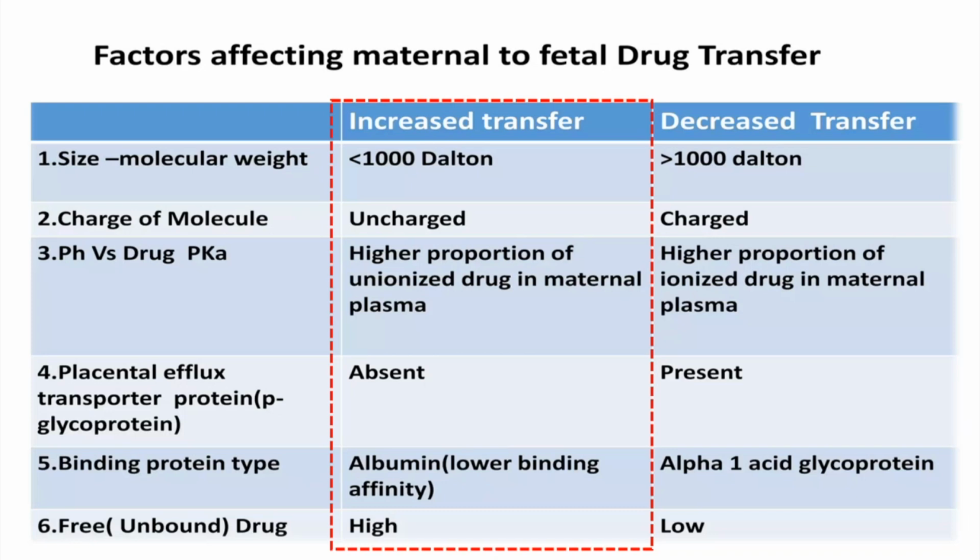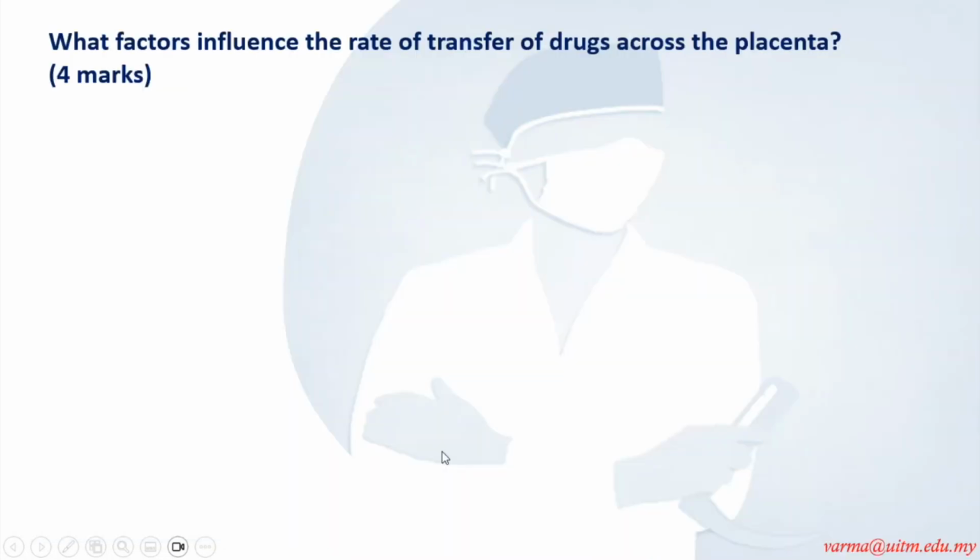So don't pay much attention to this efflux transporter. Just remember, if there is a transport protein, it can assist and increase the transfer. Binding protein type in a patient in maternal circulation, as I mentioned, albumin is lower. It means more unbound drug, so it can easily transfer.